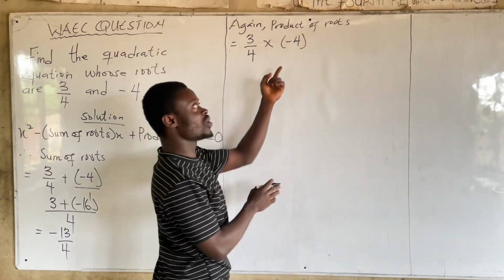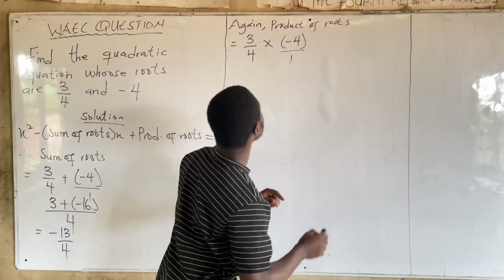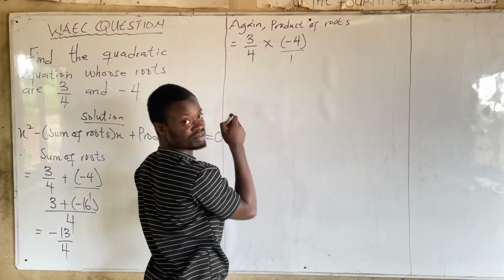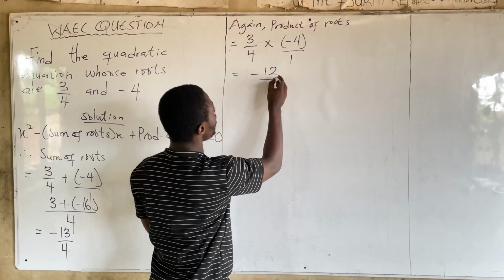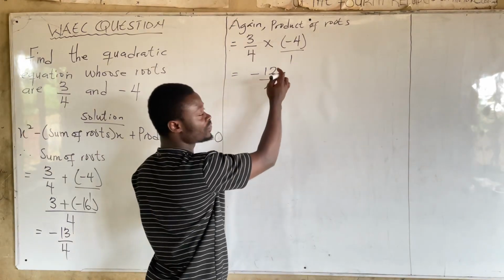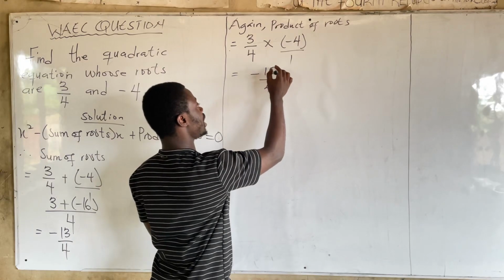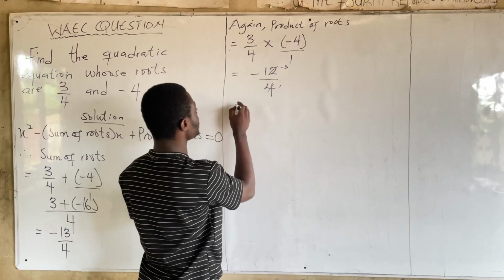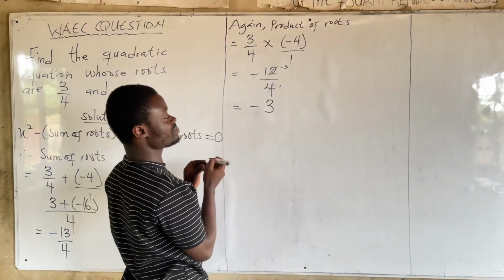This is also a fraction, so let's say minus 4 is over 1. Then 3 times minus 4 gives us minus 12, so minus 12 over 4 times 1, that is 4. And then 4 can divide 12. 4 goes into minus 12 minus 3 times. So the answer is minus 3. So the product is minus 3.